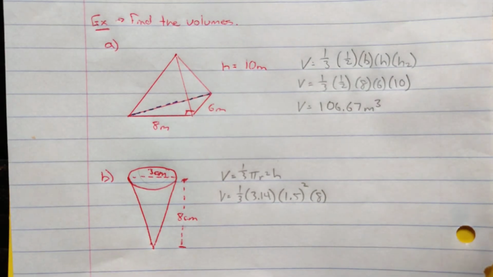So now again, we can type this in our calculator in one go. If you want to do the squaring first, you can. Or you can type it all in at once if you have the square button on your calculator. 1 divided by 3 times 3.14 times 1.5 times 1.5, or 1.5 squared, your choice, times 8.